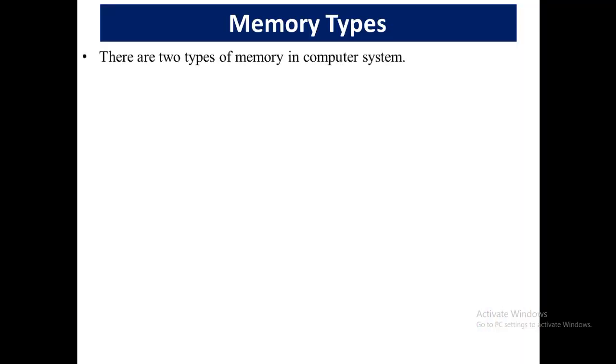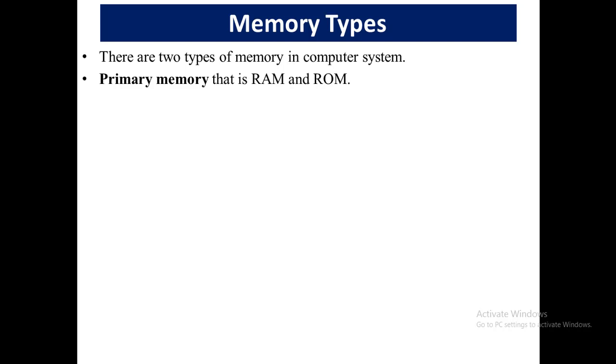Memory types. There are two types of memory in a computer system. The first one is the primary memory, that is random access memory or read-only memory. We know that the RAM is a physical memory. This is used to perform operations in a computer.